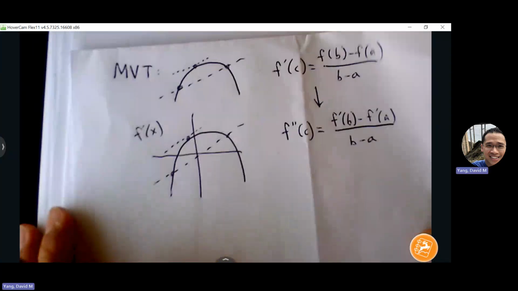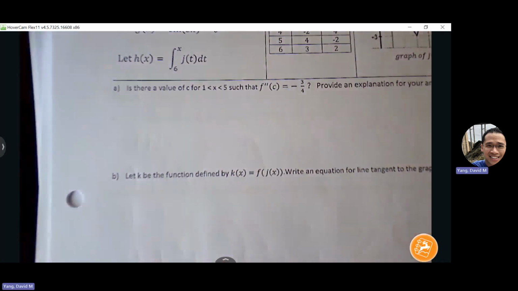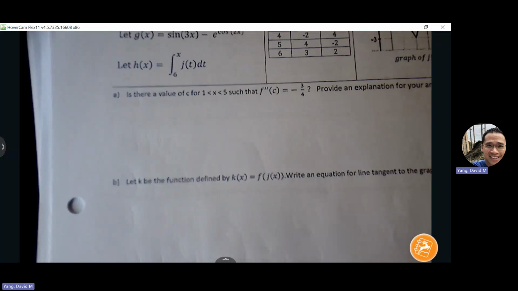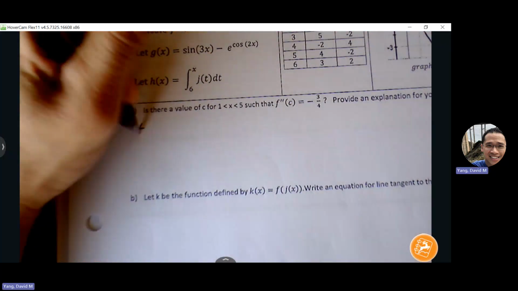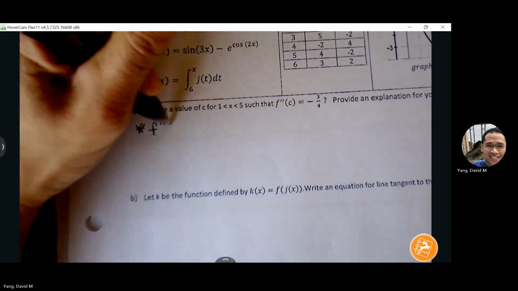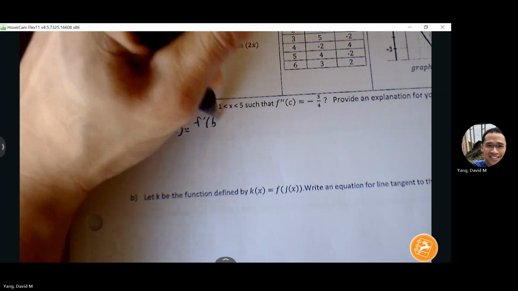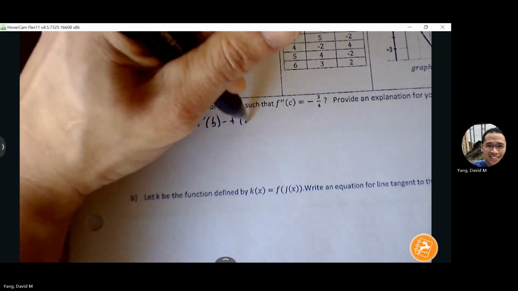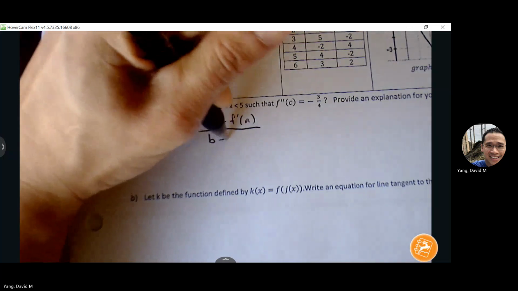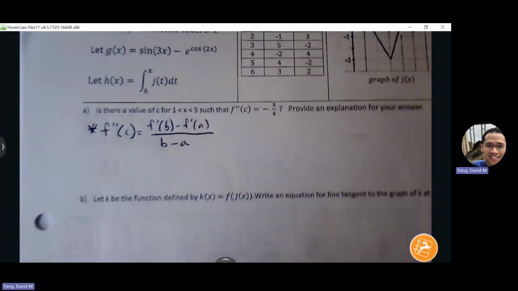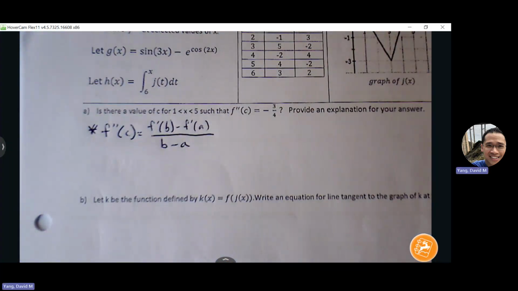Okay, so if we take that into account here, is there a value between 1 and 5 such that f double prime of c is equal to -3/4? We can basically follow this formula. So what do you think our a and b values are in this problem?